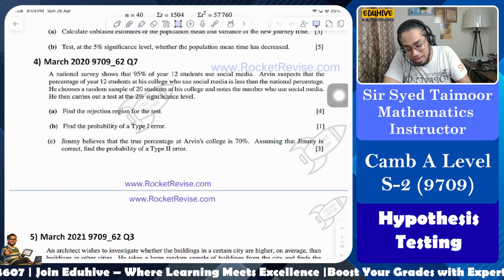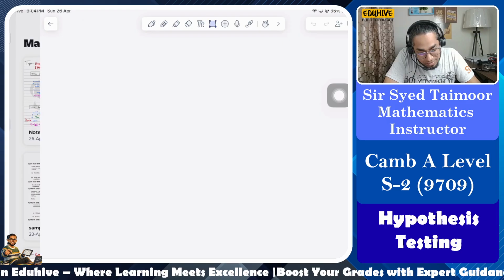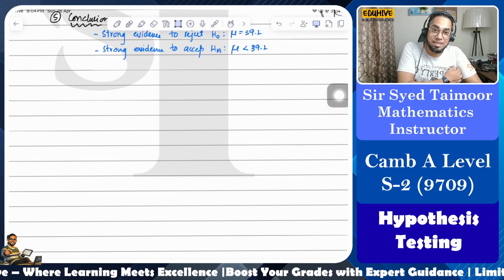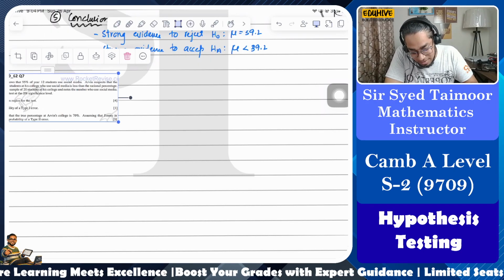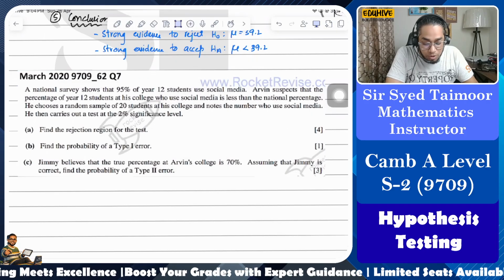And I got 100 out of 100 in this paper. When I was in university, there is a specific course for this one, testing. I got 100% marks. There was also the chi-square test.